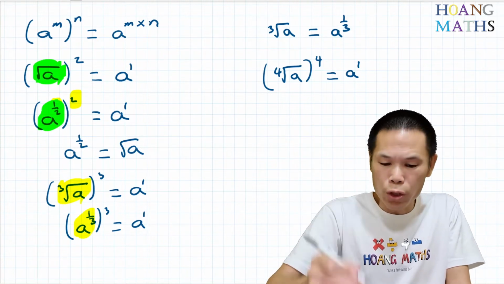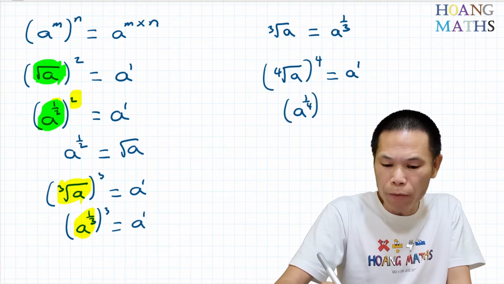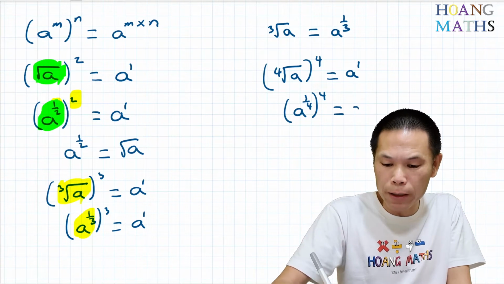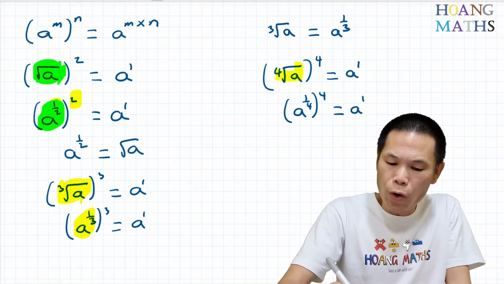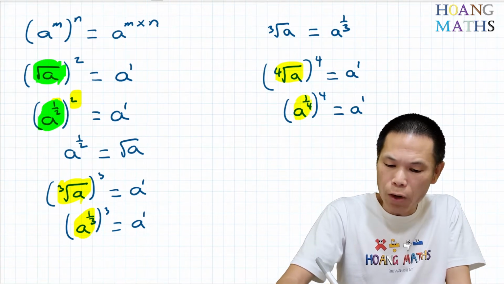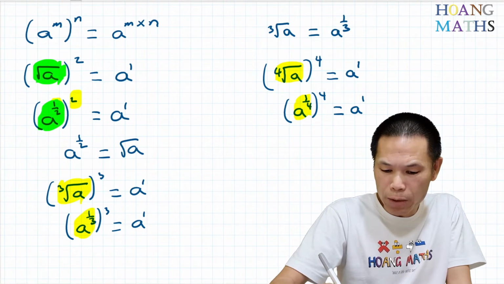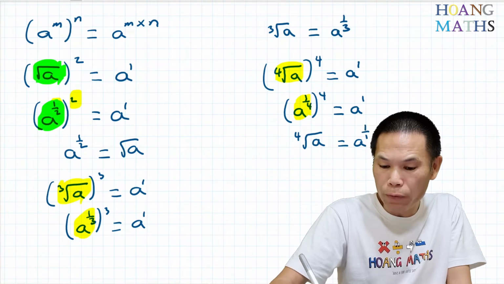We also know that x to the power of a quarter, if we raise it to the power of 4, a quarter times 4 is 1, so x to the power of 1. So there you go, they're the same. So the fourth root of x is x to the power of 1/4. Let me just write this down: the fourth root of x is x to the power of 1/4.